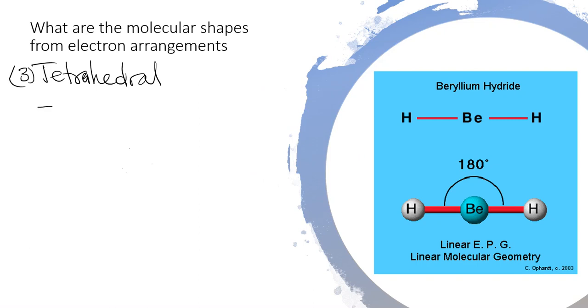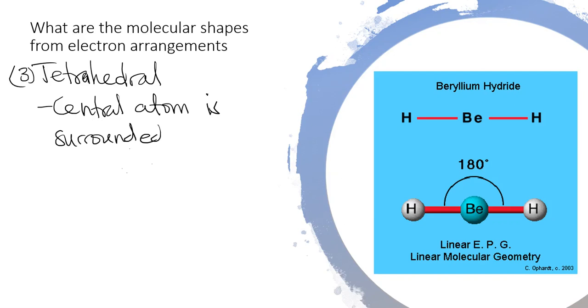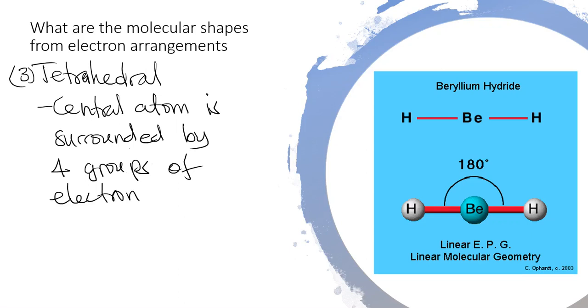So in this case, the central atom is surrounded by four groups of electrons.